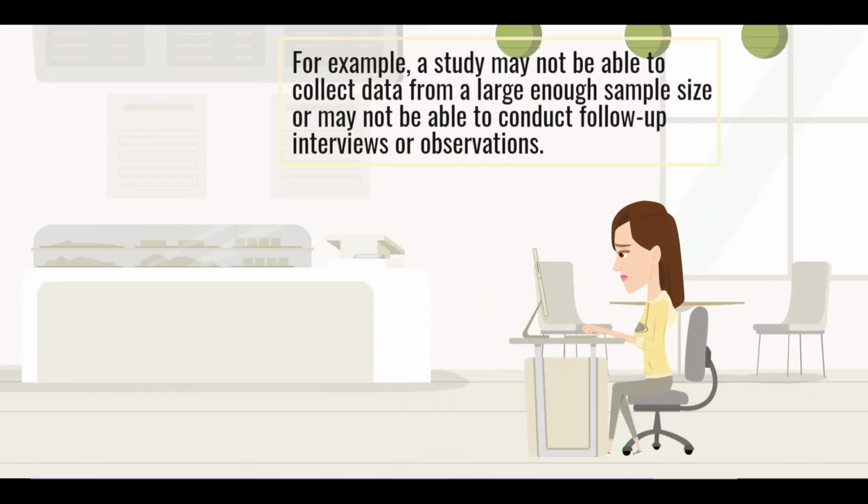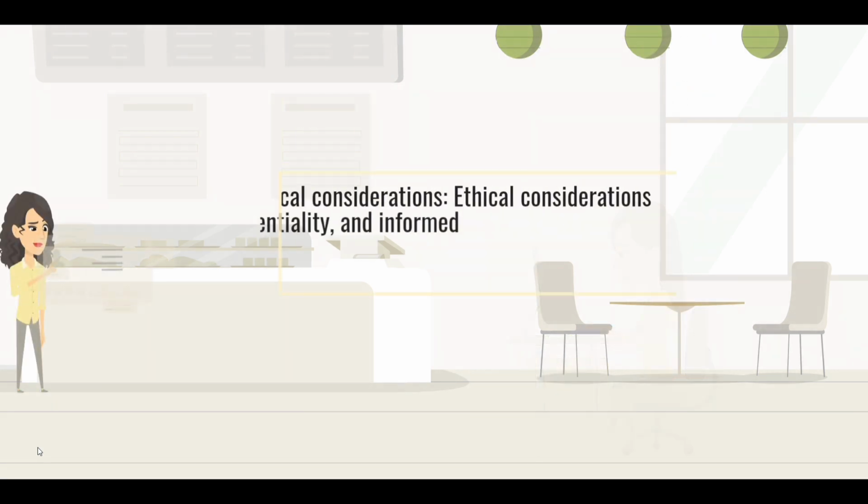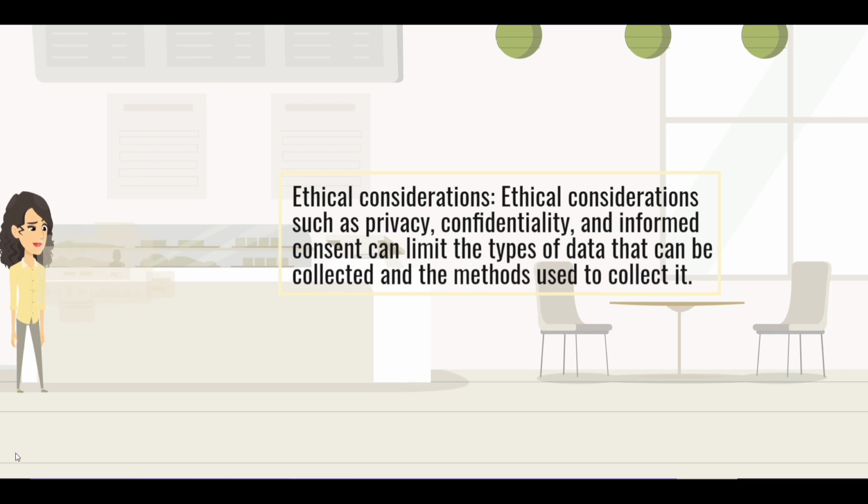For example, a study may not be able to collect data from a large enough sample size or may not be able to conduct follow-up interviews or observations. Ethical considerations. Ethical considerations such as privacy, confidentiality, and informed consent can limit the types of data that can be collected and the methods used to collect it.